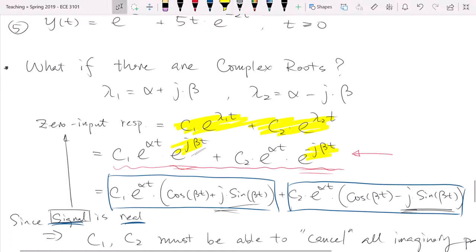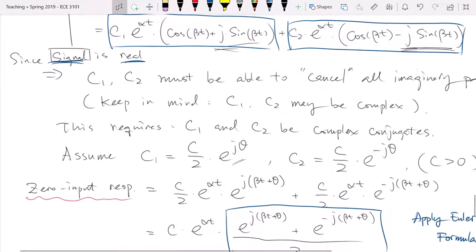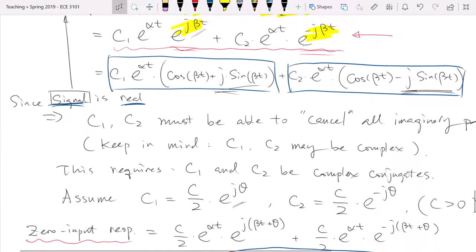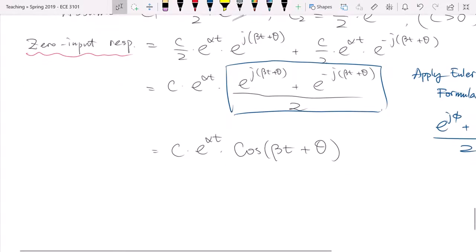So what we just did is another option to look at the zero input response. Instead of expressing it as the sum of two complex exponential signals, we eventually convert it into one signal that is a product of an exponential signal and a sinusoidal signal.